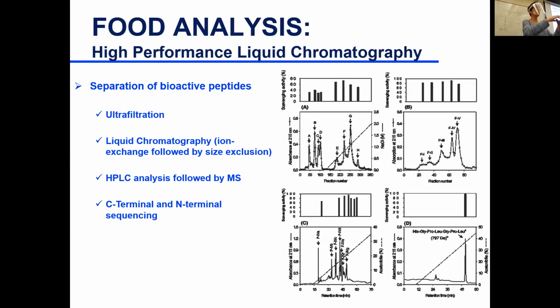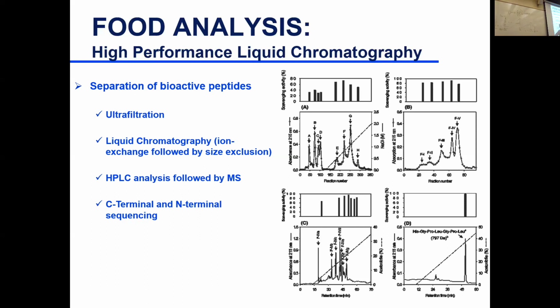So I use a filter that keeps everything less than 1 kilodalton. Then I start using several modes of chromatography. I can start by size exclusion, or I can start by ion exchange. Doesn't matter, either is good. You start, let's say, by ion exchange.